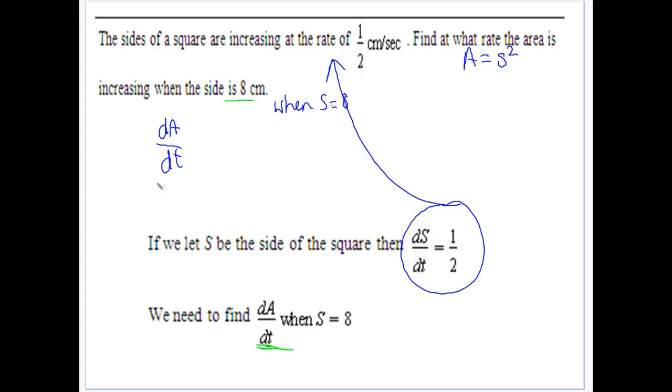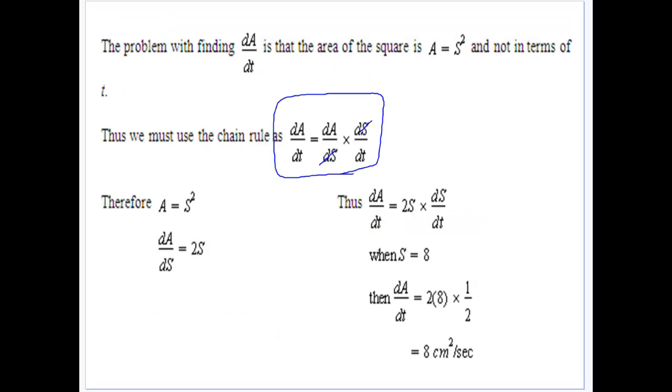So it relies on us getting an expression for dA/dt. Now we do know that the area of a square is the side squared. So we could get an expression there and say dA in terms of ds gives us 2s. So we were able to find the derivative of A with respect to s.